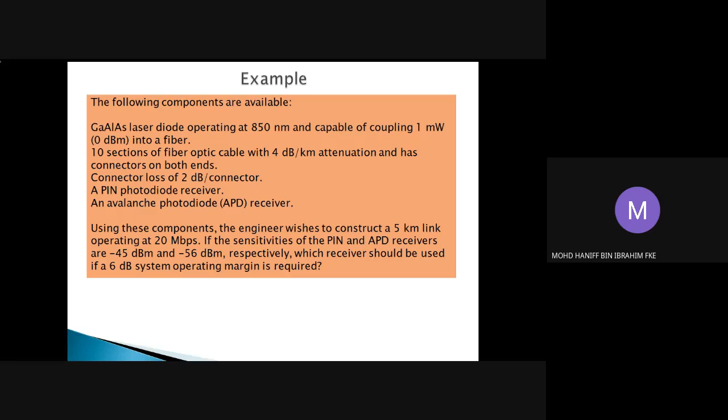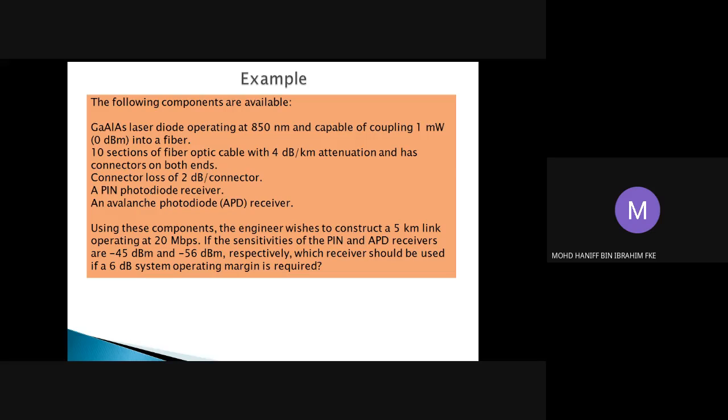So in this case, your laser diode has 0 dBm coupled power. We have 10 sections of fiber optic cable with 4 dB per kilometer attenuation and connectors on both ends, with a connector loss of 2 dB per connector.